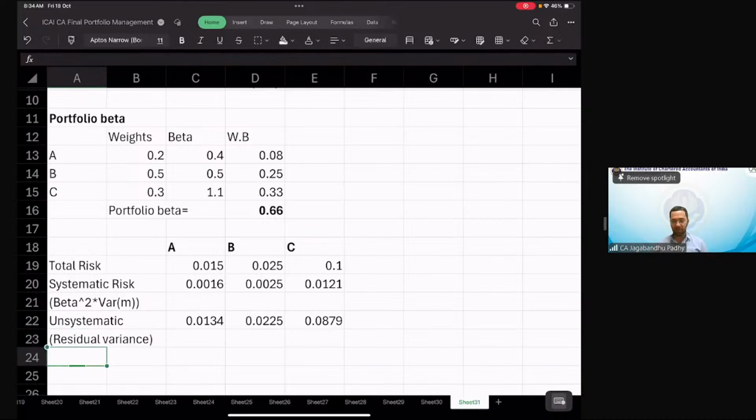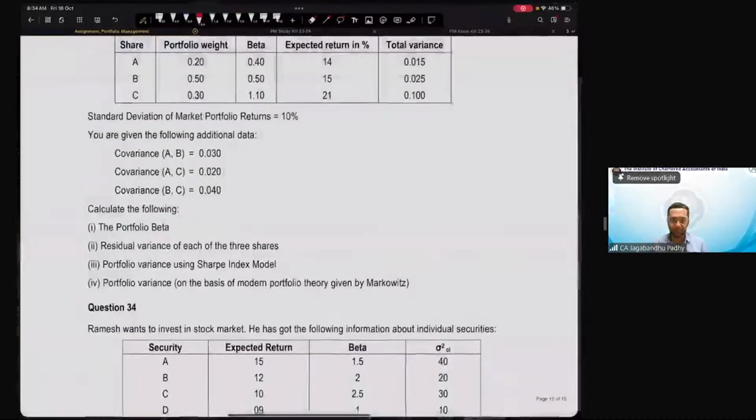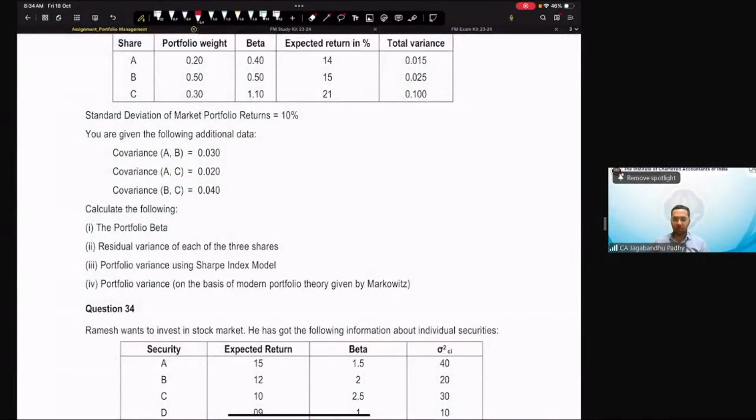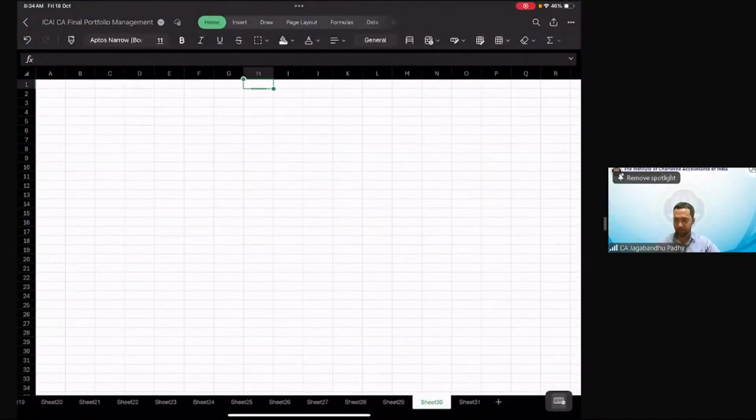So residual variance is simply the unsystematic risk portion, the total minus the systematic risk. Okay. Then portfolio variance using Sharpe index model. Now portfolio variance using Sharpe index model is what we have already covered.